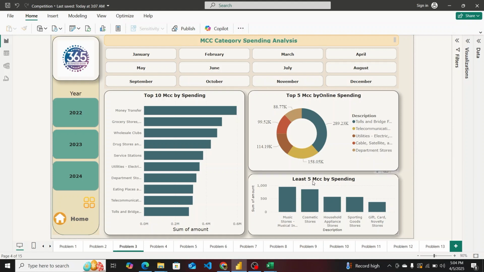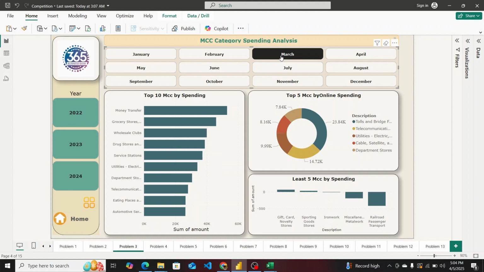So these are the least 5 MCCs by spending, and these are the slicers, year-wise slicers and month-wise slicers. Let's dig into the data of March. This is the position of March.